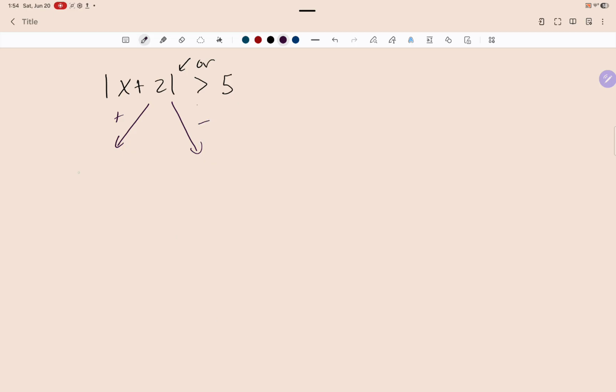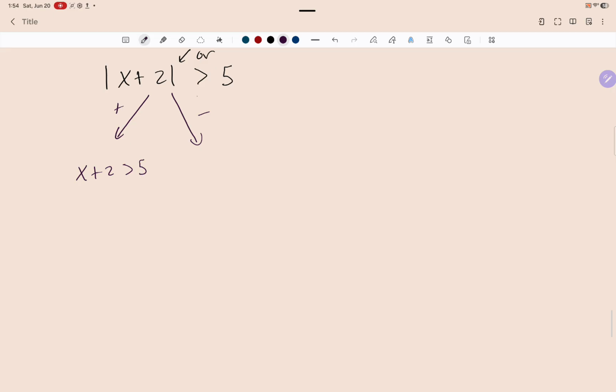Now recall that we have both a positive and a negative case. For the positive case, I'm going to copy as is, but remove the absolute value symbol. For the negative case, I'm going to remove the absolute value, but I have to change the direction of the inequality, and I have to multiply the side opposite the absolute value by a negative. So the 5 becomes -5.